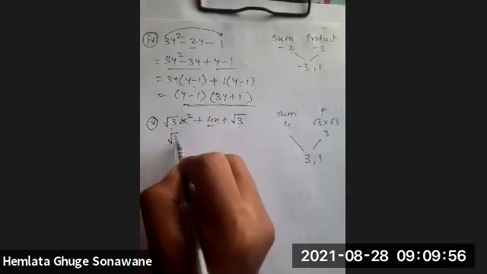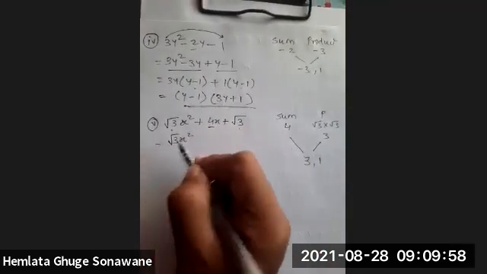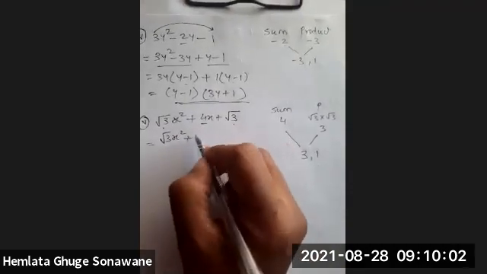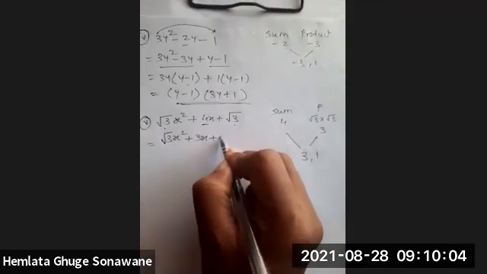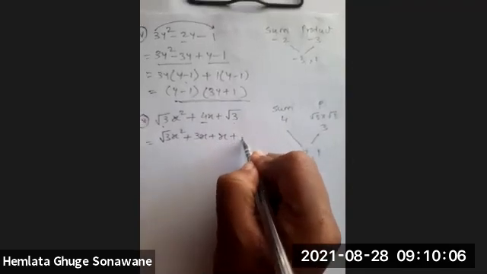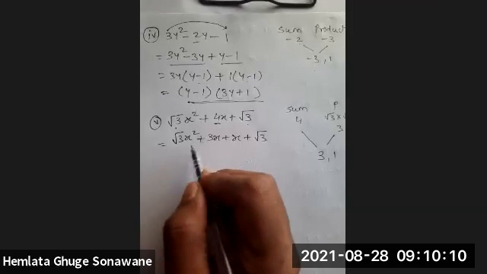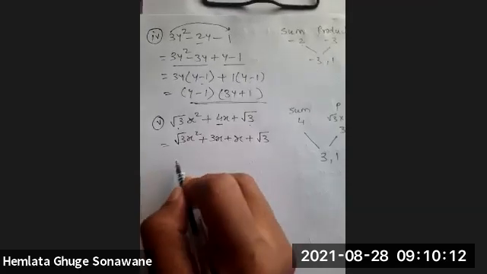We'll write under root 3 x square as it is, plus we'll split 4x into 3x plus x, plus under root 3. Now here we'll take under root 3 x common.